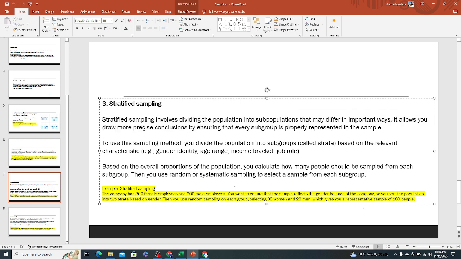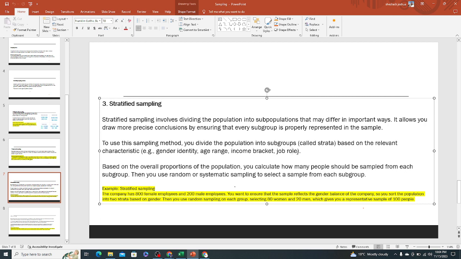It allows you to draw more precise conclusions by ensuring that every subgroup is properly represented in the sample. So, to use this sampling method, you divide the population into subgroups called strata, based on the relevant characteristics, either gender identity, age range, income bracket, job role.